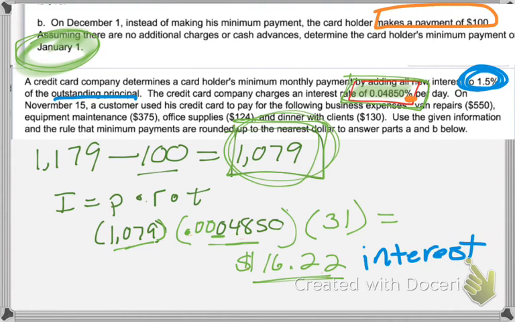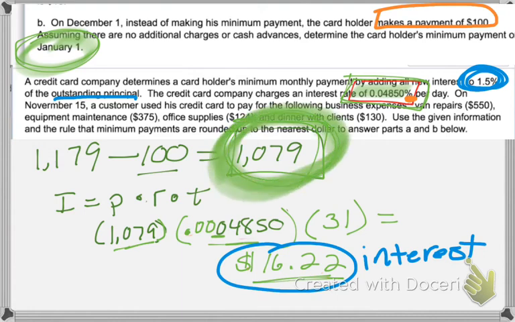Because, obviously, if you do nothing but pay off the interest, in the credit card company's mind, you're never going to pay off the money that you owe them to begin with, right? So they have you pay off the interest plus a little bit of this money at the same time. So if we know that we're paying $16.22 in interest, we also need to figure out that 1.5% of what he owes.